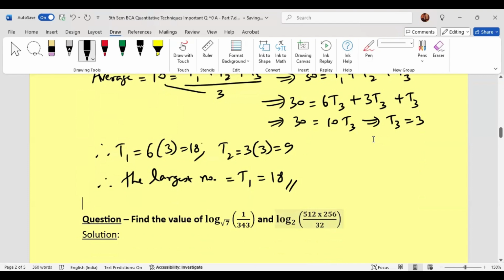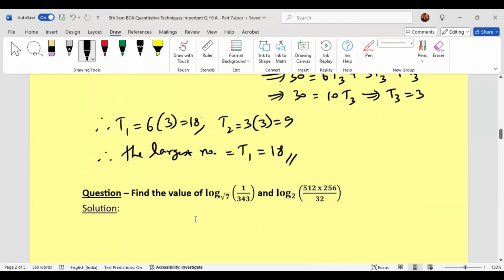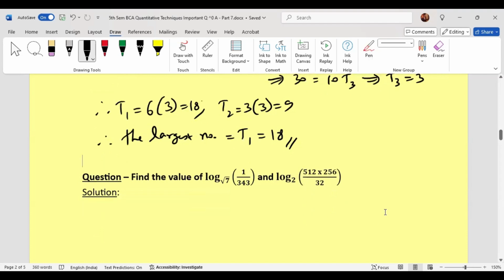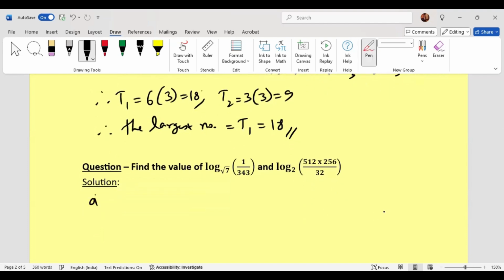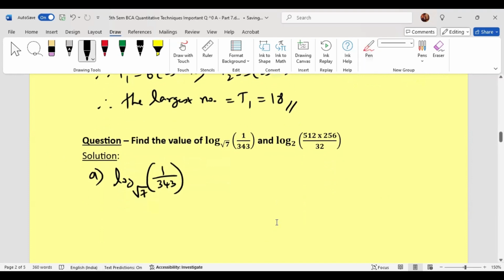Let us move on to the next question, which is to find the value of the logarithm of 1 by 343 to the base root 7 and the logarithm of 512 into 256 divided by 32 to the base 2. There are two parts to this question. First one is to find the logarithm of 1 by 343 to the base root 7. For this, we will first find the factors of 343. It is divisible by 7, we get 49.